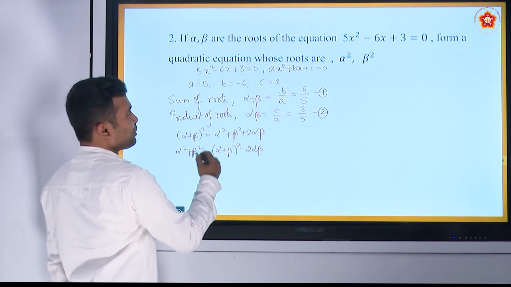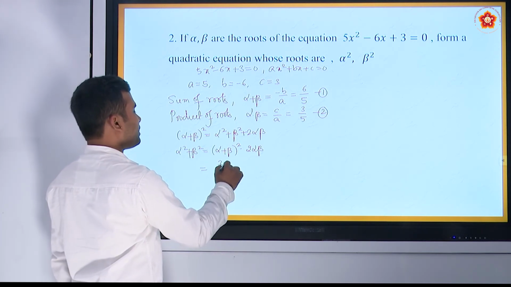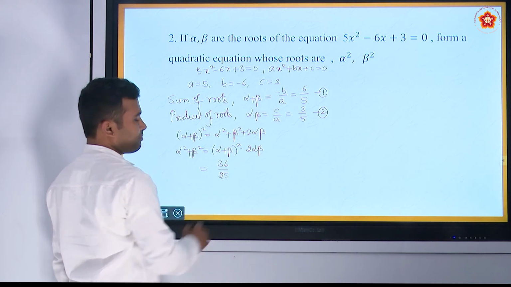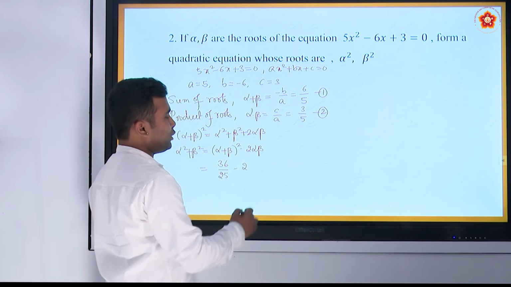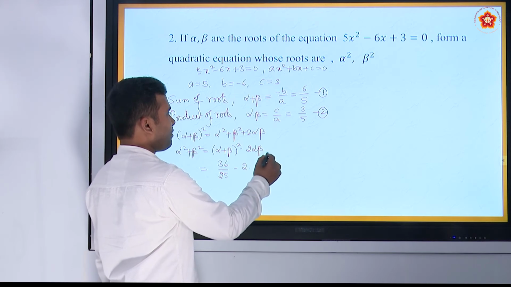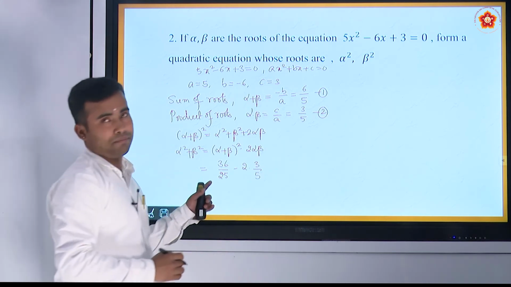Here alpha plus beta is 6 by 5, whole square, that is 36 divided by 25, isn't it? Minus 2 alpha into beta. Alpha into beta from equation 2 is 3 by 5. This is from 1.